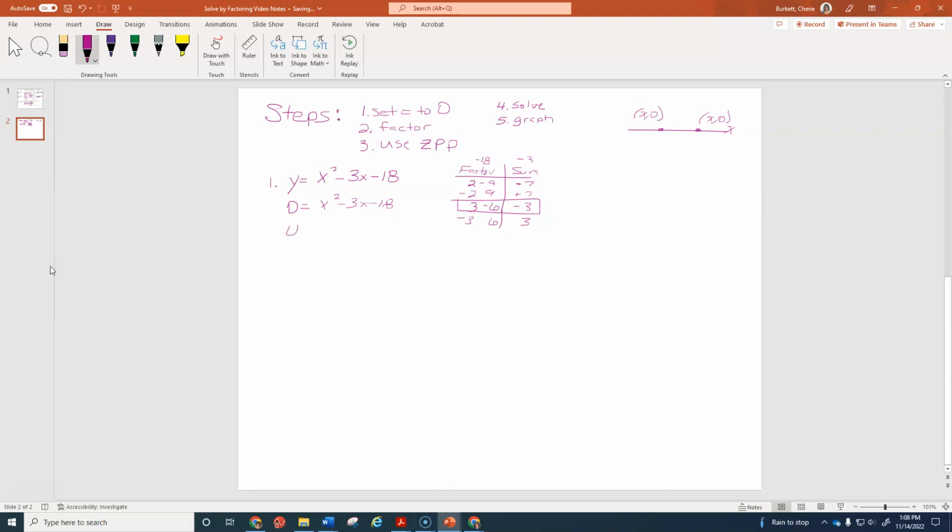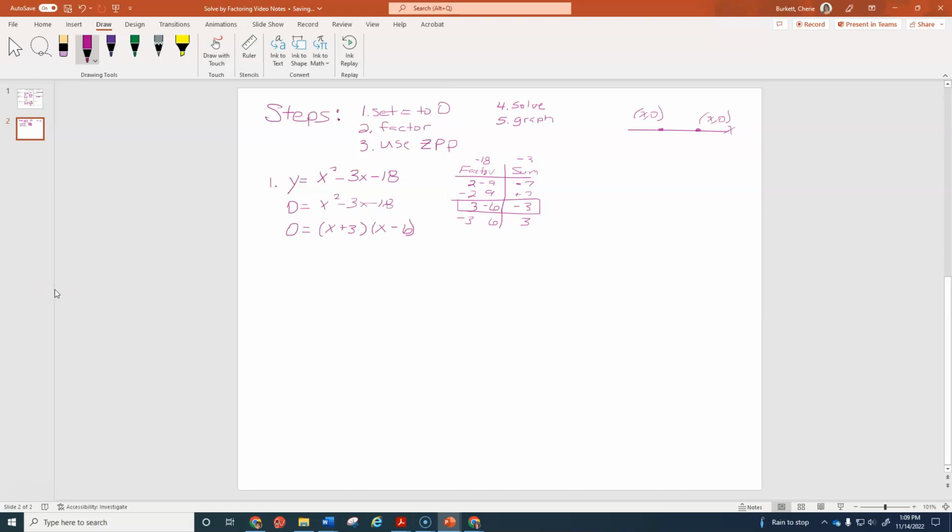Then I leave the 0 where it is, and I rewrite the standard form quadratic in factored form. X is going to go at the beginning of each one of these. Because this was a positive 3 and a negative 6, I am going to write down a positive 3 and a negative 6 in here.